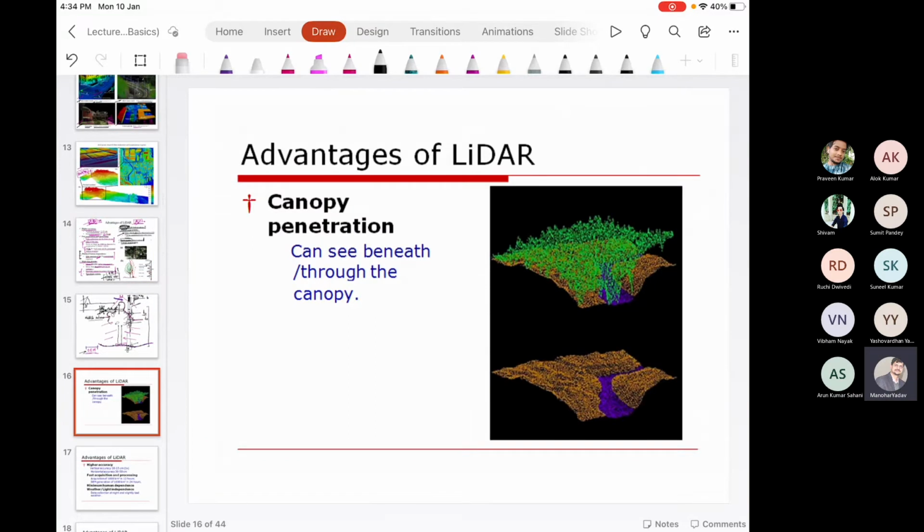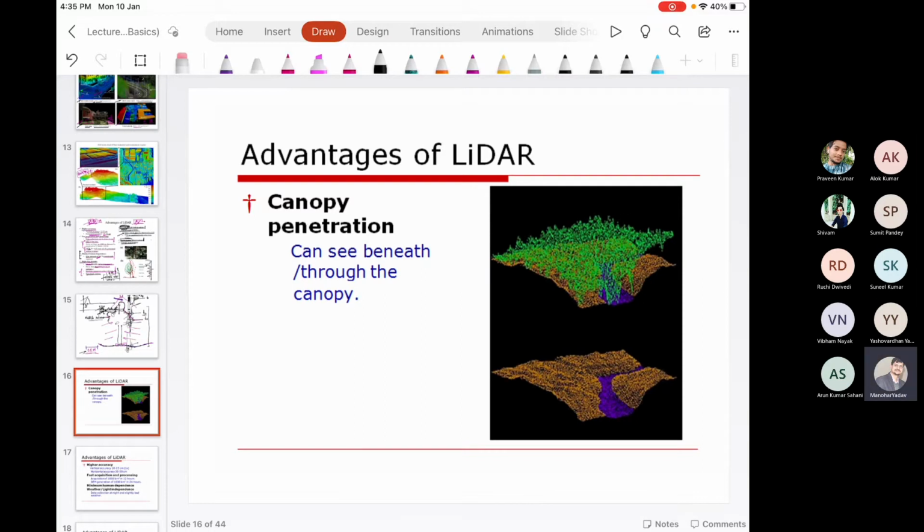Okay, now one by one we'll see the advantages of LiDAR and discuss them in detail. So the first one is the capability of canopy penetration.